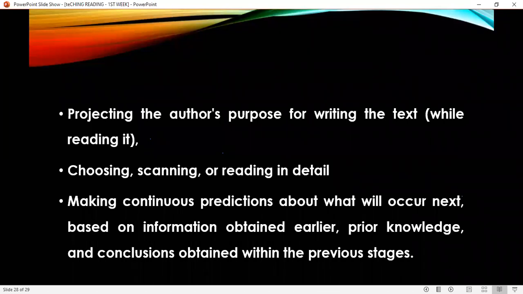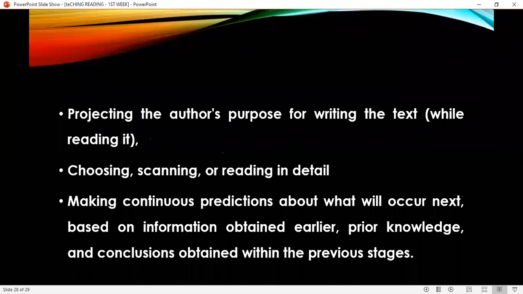So here it involves the analysis of the language, the background knowledge. And also you have to identify other aspects of the process of reading: the purpose of the reading, the purpose of the writer, how you analyze the contextual features of the text, and you're going to make some predictions about what is or will happen next.